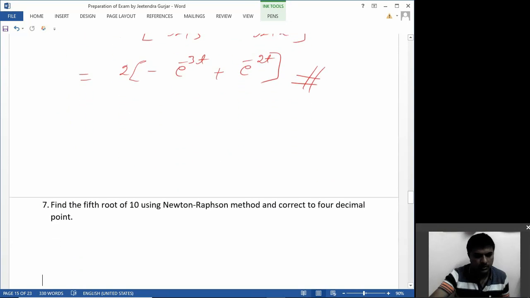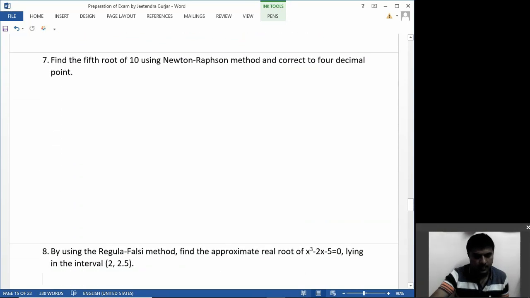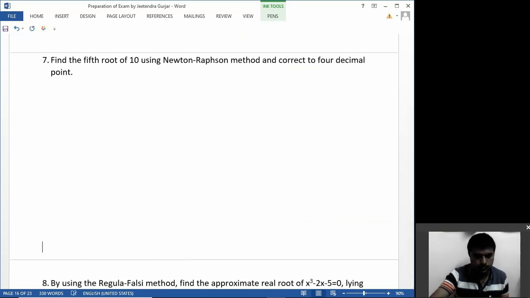Okay, quickly we will go to the next example. Yes, friends. So this is Newton-Raphson's method. Very easily they have simplified this. See that you don't make mistakes while writing this.